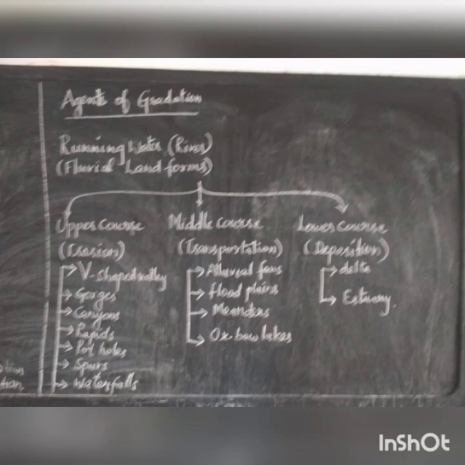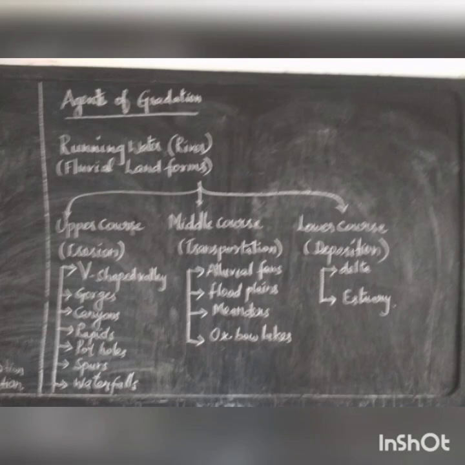Let us see the course of a river. Rivers generally originate from the mountains and end in the sea or a lake. The course of a river is divided into three categories. Number 1, the upper course. Number 2, the middle course. Number 3, the lower course. In the upper course, erosion is the most dominant action of the river.